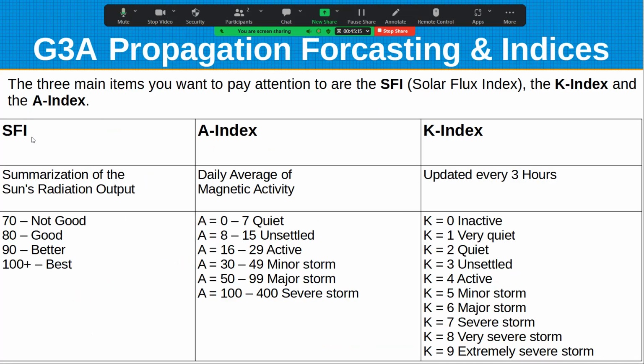And we see in this little chart comparing them, solar flux index, SFI, is best when it's over 100. The A index is best when it's between 0 and 7. It means the magnetic activity is quiet. And the K index is better down around 0.